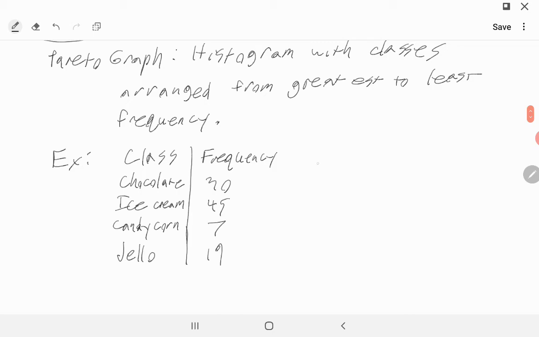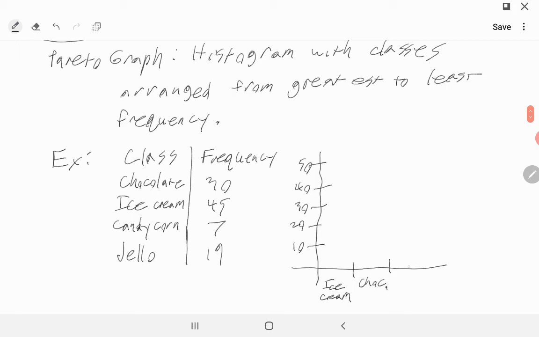And so what we would do for our Pareto graph is we would put them in order, going 10, 20, 30, 40, 50. We're going to put our first class as ice cream, and then we're going to have chocolate, then Jello, then candy corn.